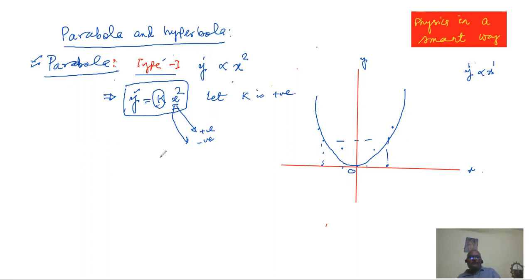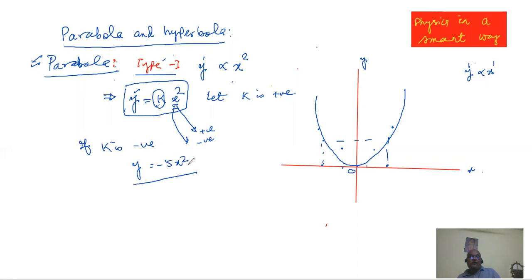Okay, so that is the case of a parabola or a curve if you have it in the form y equal to kx square and k is positive. If k is negative, then you'll have the equation in the form y equal to minus 5x square, something like that.